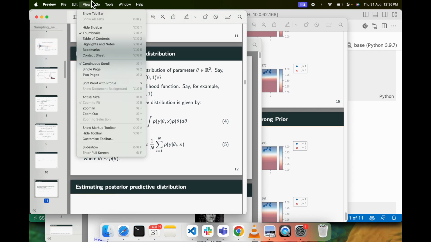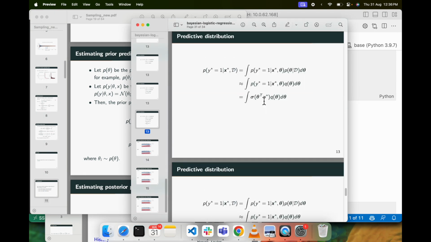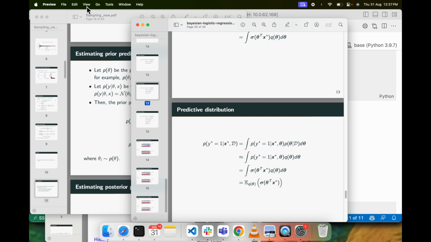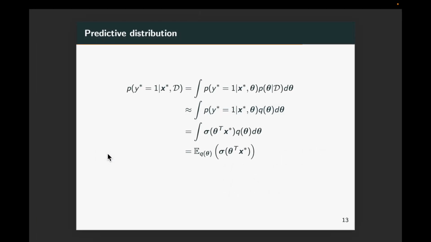So specifically, in Bayesian logistic regression, we discussed this, right? We want to compute this integral, p of y star equal to 1 given x star and theta, d theta. This is our posterior.